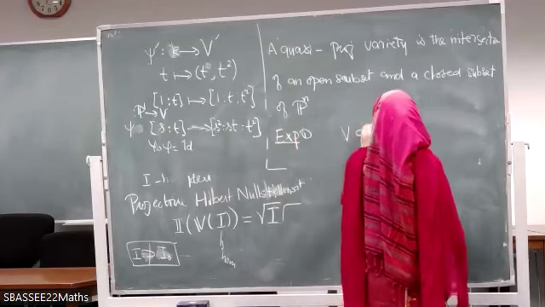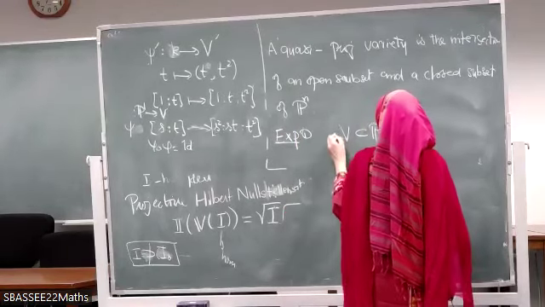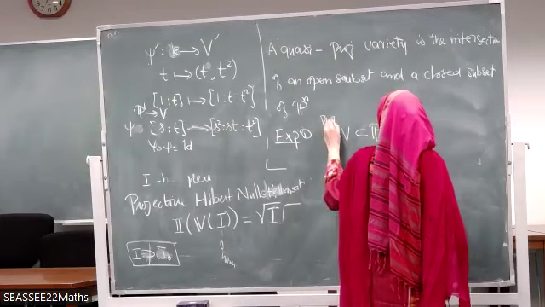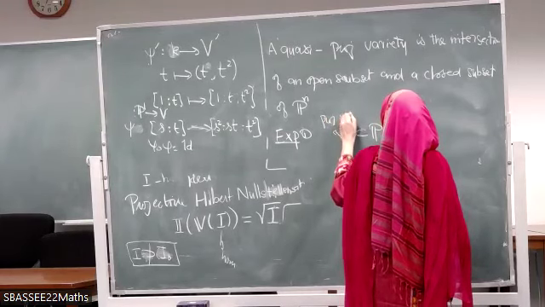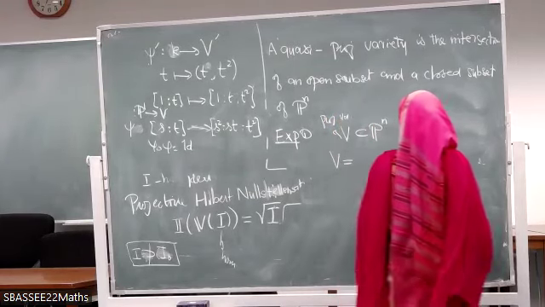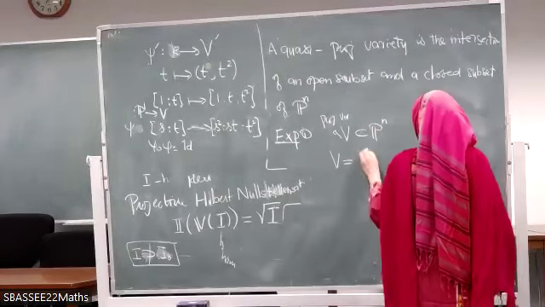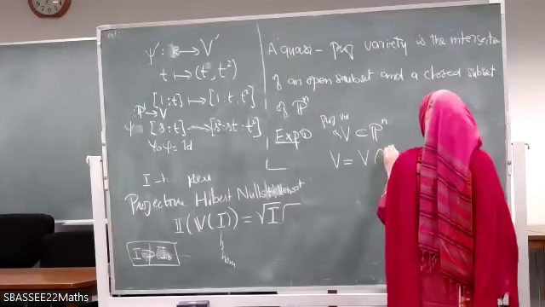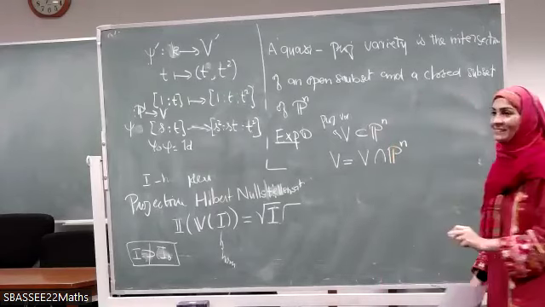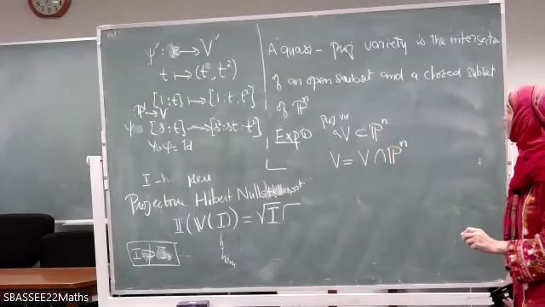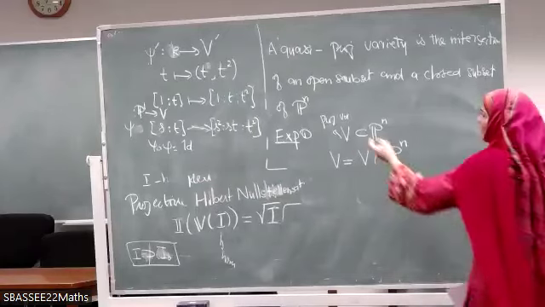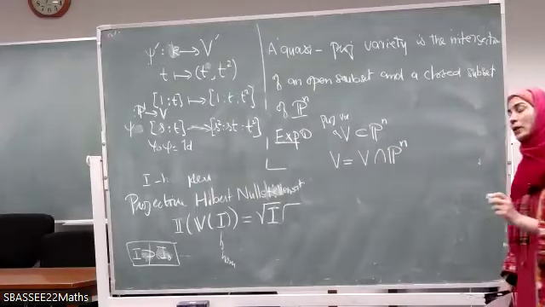So if V is a projective variety, we can see V as V itself intersected with Pn. It is the intersection of an open subset of Pn and a closed subset, both in Pn.